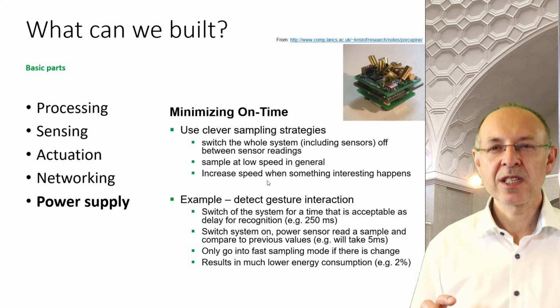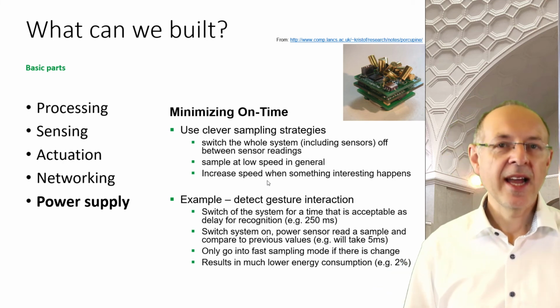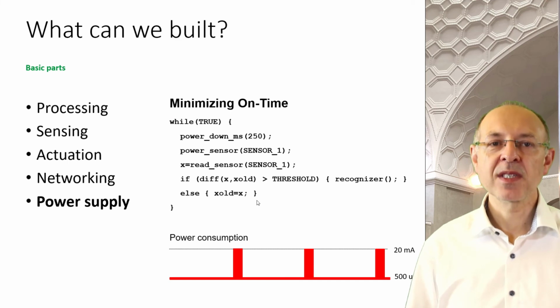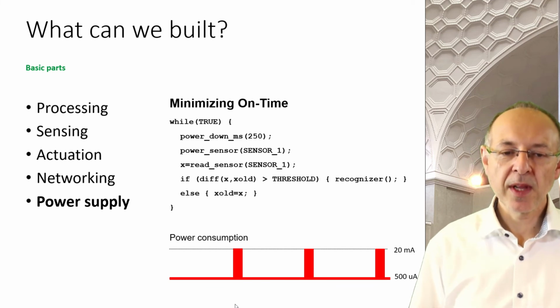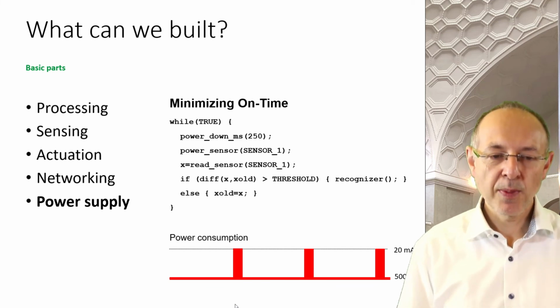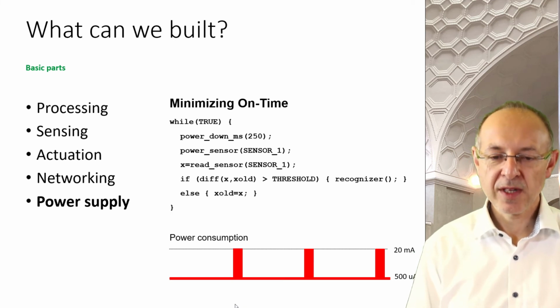So you use a sensor that uses very little energy and you use this to boot up your device. For example, if you have something which is switched off, it usually needs very little energy. This is the sleep mode. If you want to build a device that reacts when you pick it up, you have 200 milliseconds before you switch it on, because if somebody picks it up, they will not realize for 200 milliseconds that it doesn't work.